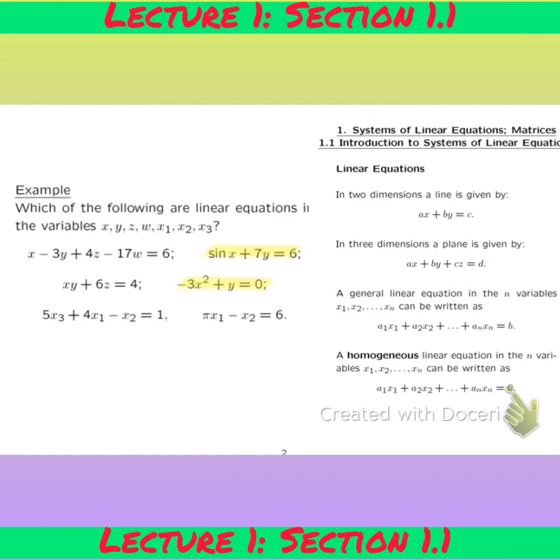It is within the function f of x equals x squared. And then lastly, the last equation is clearly a linear equation because it satisfies the generalized form that we have there.